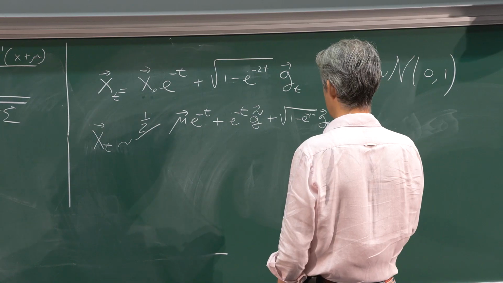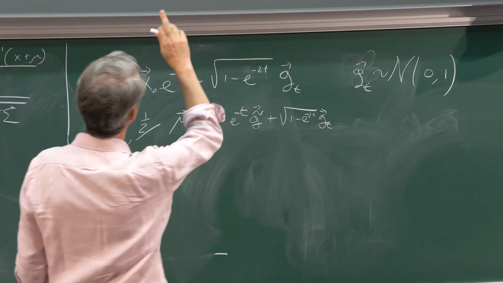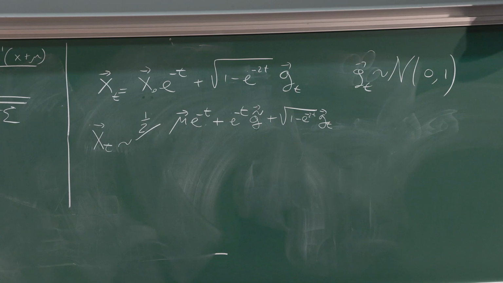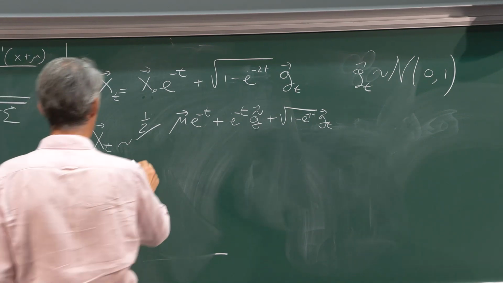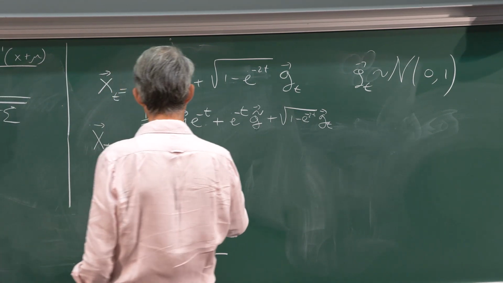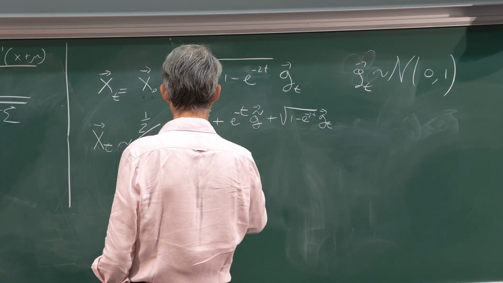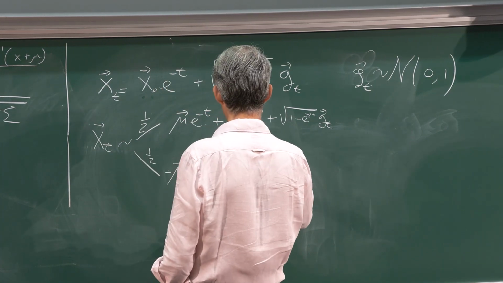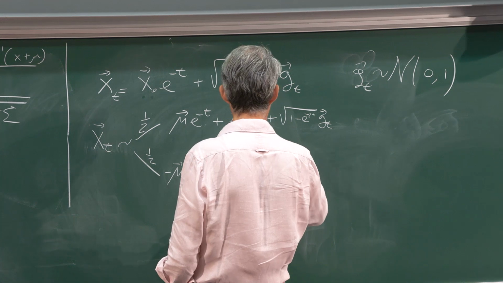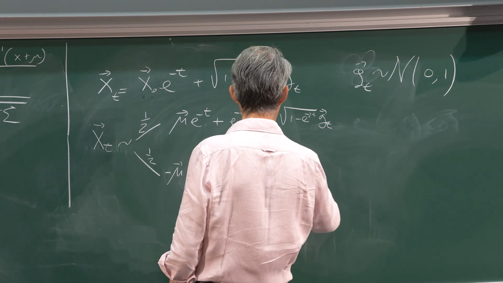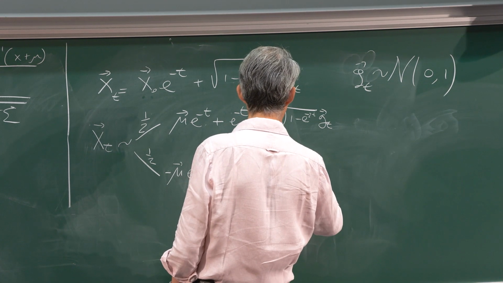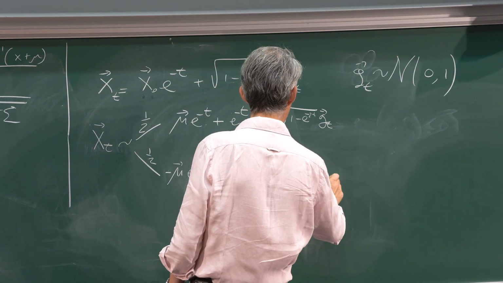And this g tilde is distributed with covariance sigma. Now with probability 1/2, I have minus mu exponential minus t, plus exponential minus t times g tilde, again with covariance sigma, plus square root of 1 minus exponential minus 2t g of t.